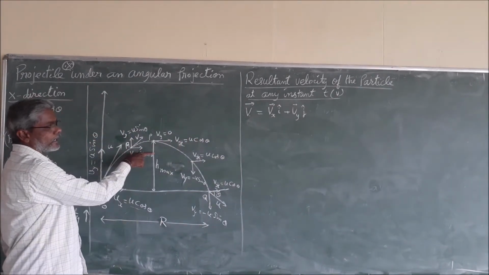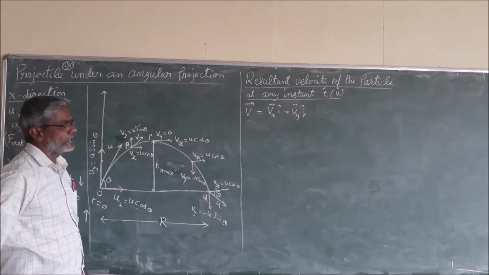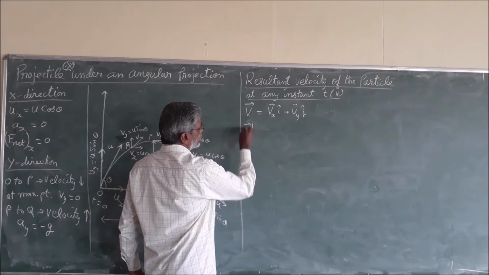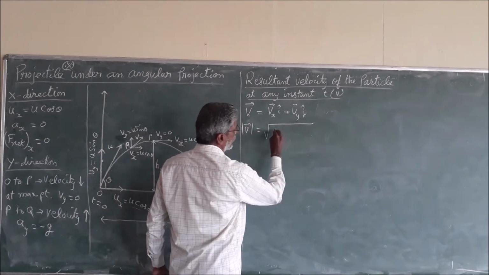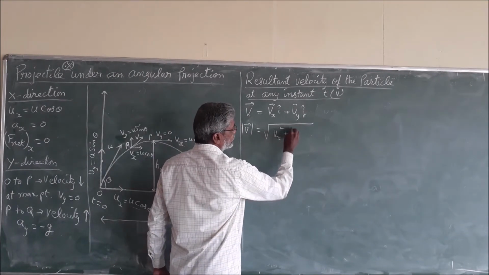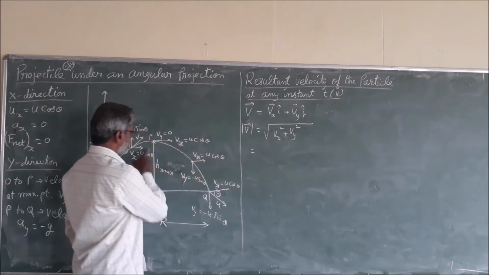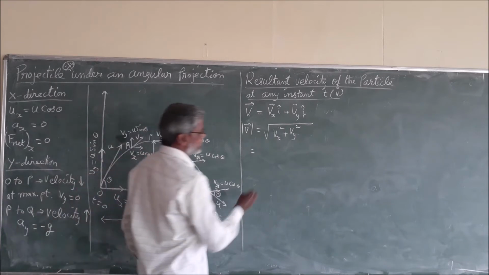The magnitude of this will be equal to the square root of vx square plus vy square. Here vx is nothing but u cos theta.